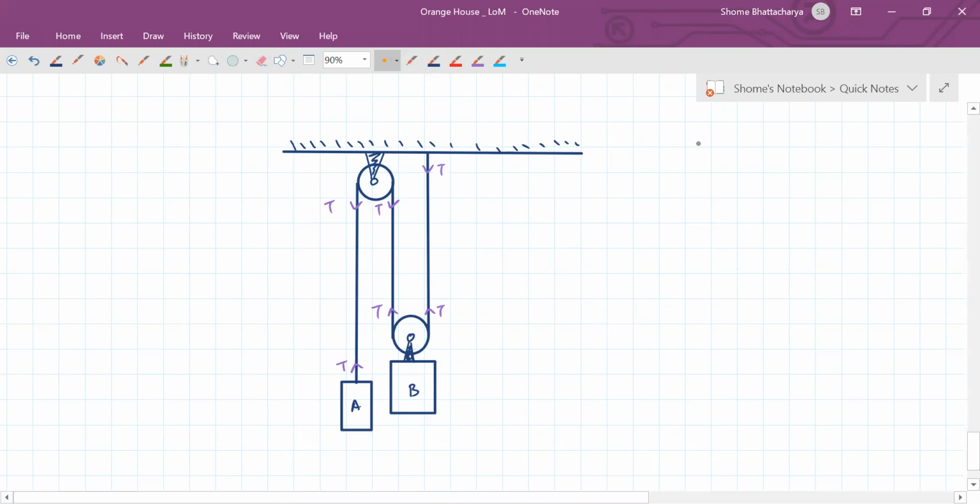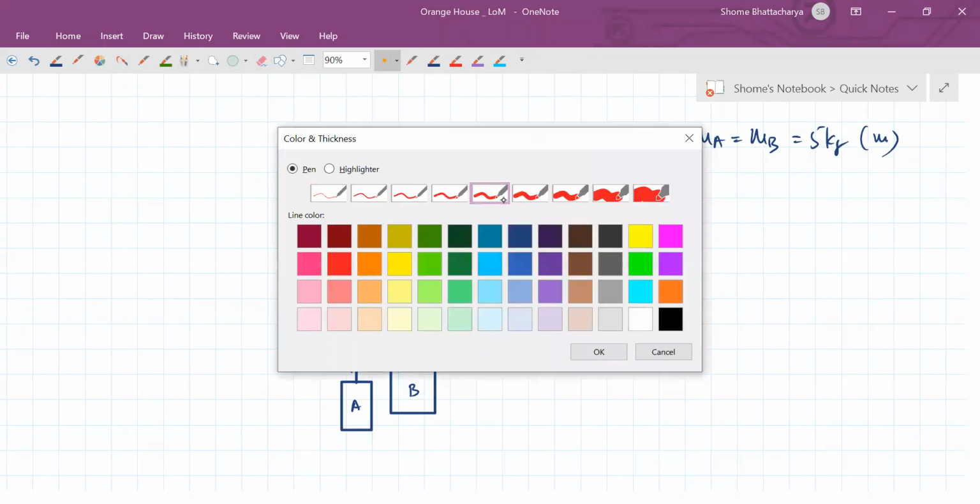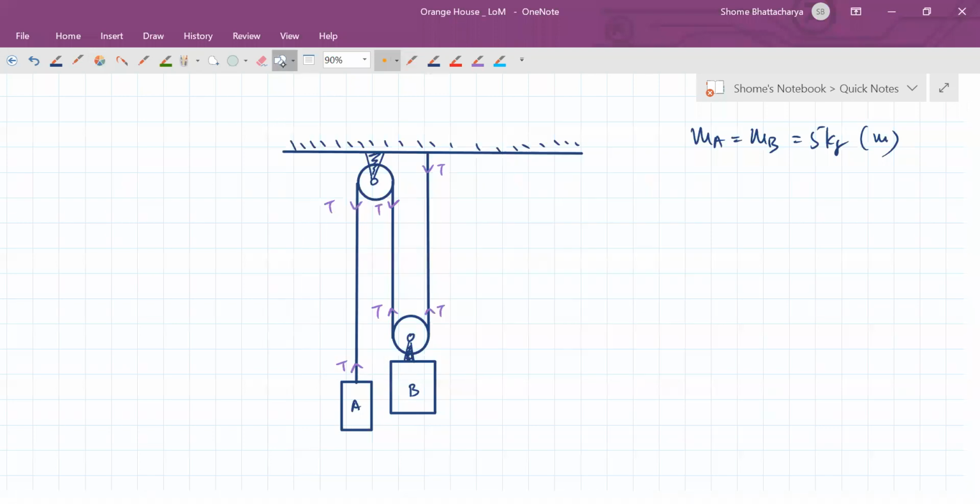So now since we are taking mass of A is equal to mass of B, equal to 5 kg, let's call this M now. So we can see that what will happen as a result of this is that B को पकड़ के रखने के लिए, to keep it in equilibrium at that position, we needed a weight of 100 newtons, but now the weight is only 50 newtons.